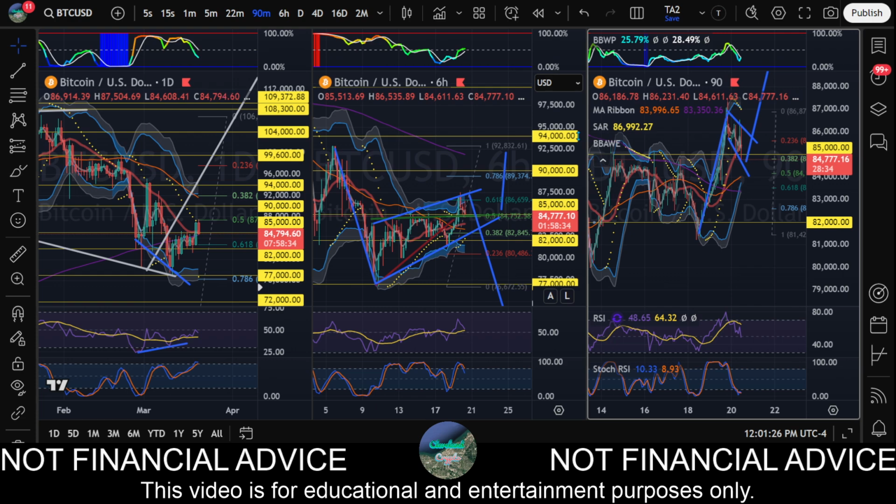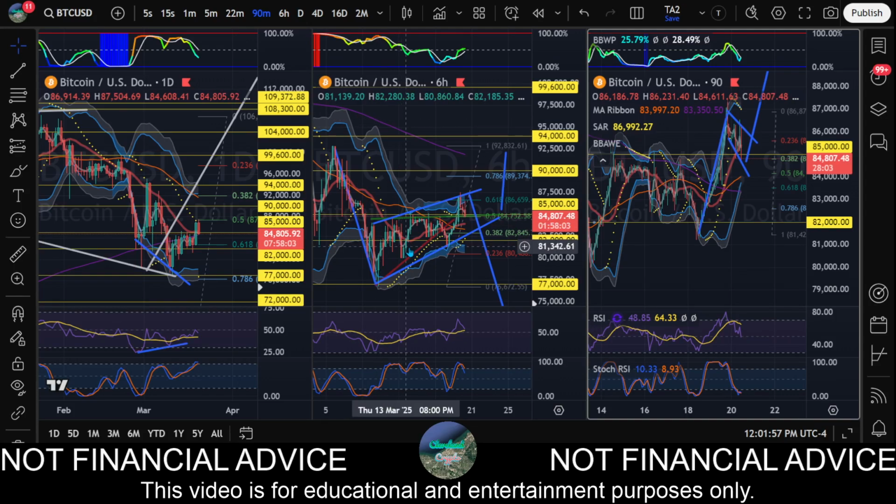There's a little bit right below 88 as well, but there's a large amount of sell pressure over at 89K, a little bit less than 90. If we can bust through those sell walls, then yeah, the next stop would be 95. I'll show it to you guys next time.